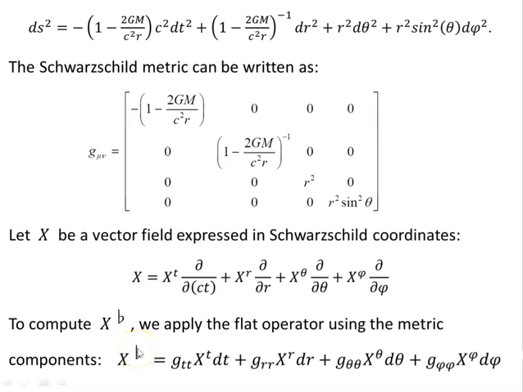So x flat now becomes these metric components times the vector component. And the effect of that will be to lower this component. Here xt is the contravariant component, and when we lower it with the corresponding metric component, we'll produce a covariant component. All right, so all of these along here.